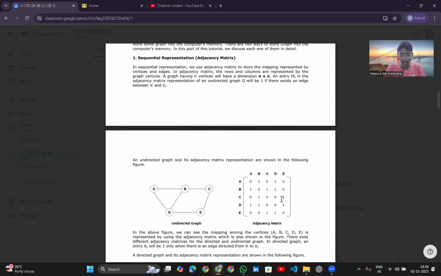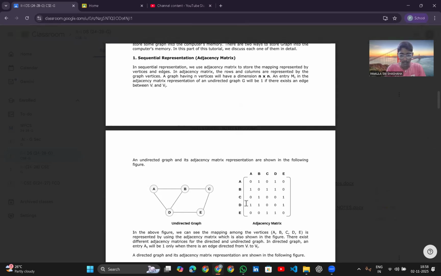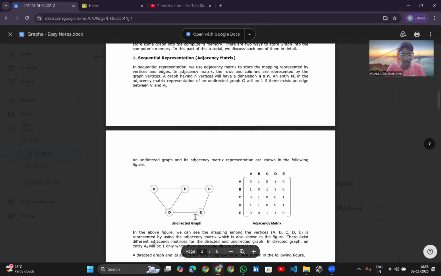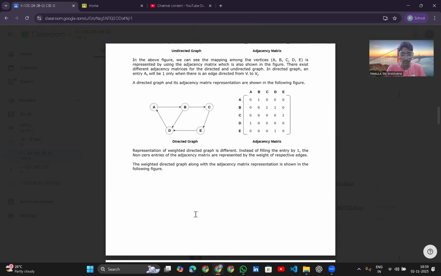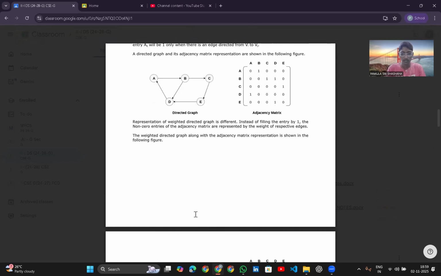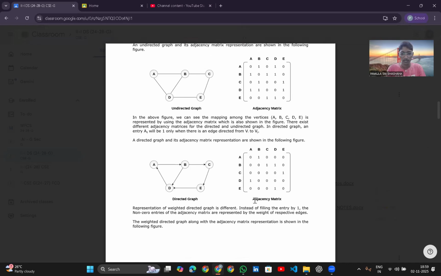CB, CE. DA, DB, DE, and so on. But still, the representation with arrays has some disadvantages that will be discussed in another module.